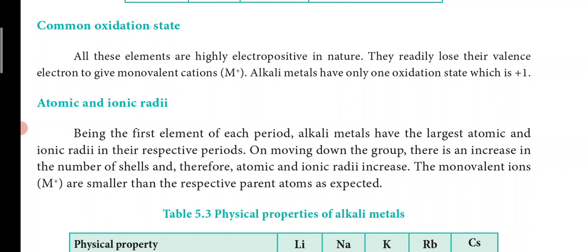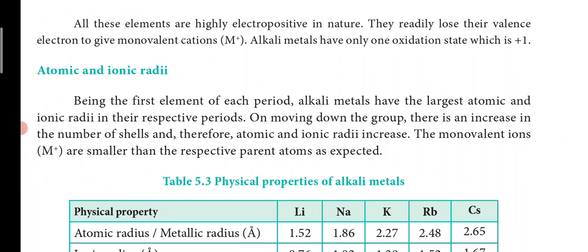On moving down the group, there is an increase in the number of shells and therefore atomic and ionic radii also increase. So top to bottom size increases, but left to right size decreases.